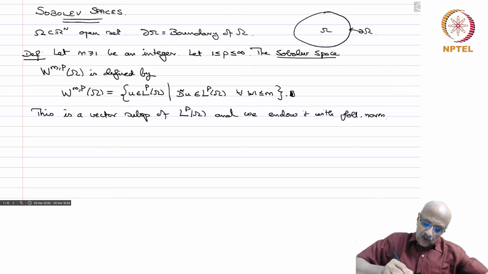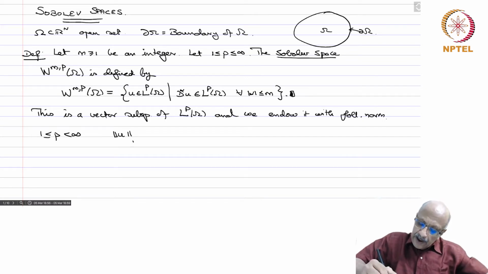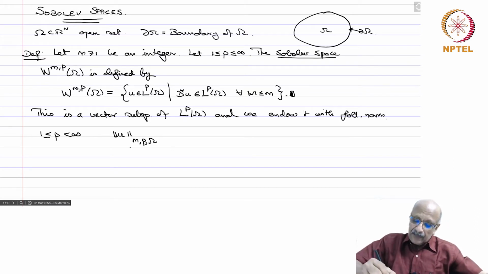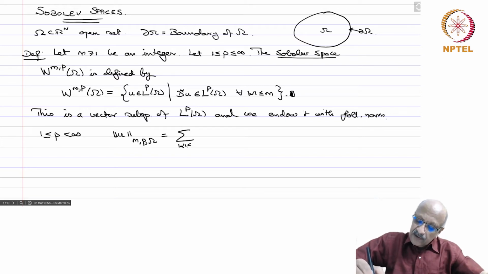So, if 1 less than or equal to p less than infinity, then the norm of u in m p omega. So, we specify all the parameters. M is the order, p is the Lebesgue exponent, and omega is the domain where we are looking. That is equal to the sum over mod alpha less than or equal to m of the norm of d alpha u in LP of omega to the power p, and then the whole thing to the power 1 by p.